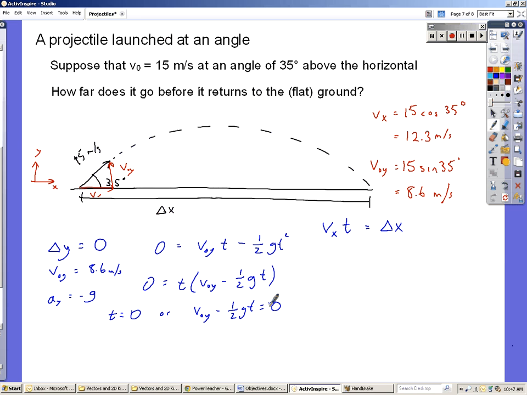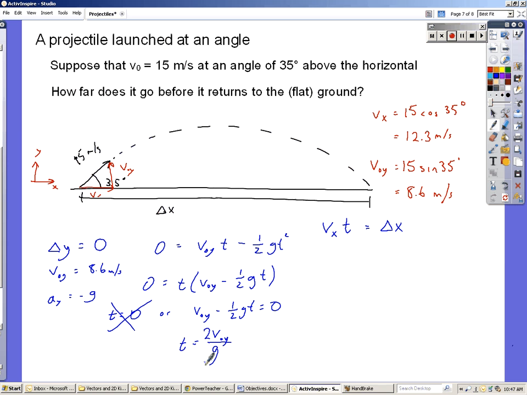Now, if t equals 0, that's clearly not the answer we want, because a projectile does spend some time in the air. What that corresponds to is the other time at which the projectile's displacement is 0, which is before it's launched. We want to pick the other one, and we'll solve that and get t equals v naught y times 2 over g.